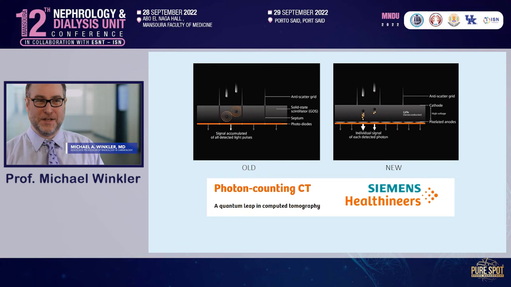Photon counting CT has finally become clinically available. At UNC Chapel Hill, we are currently in the process of installing our first PCCT. This technology, instead of simply recording the number of X-ray photons that interact with each detector element, records the wavelength of every single photon.